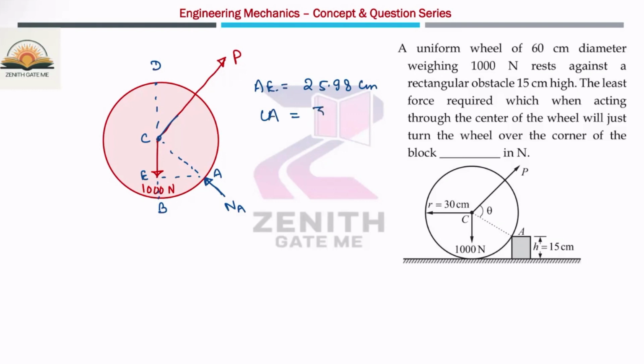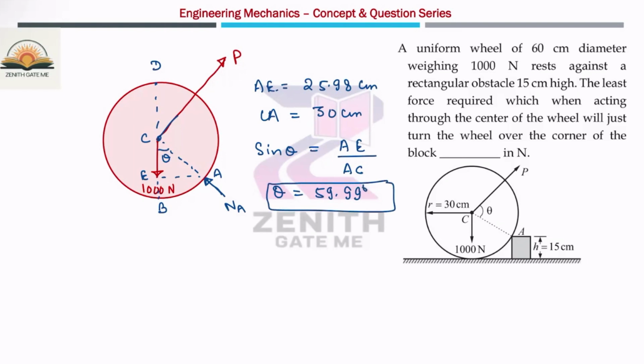CA value is 30 centimeter. So can I calculate this theta value? Sine theta is nothing but perpendicular by hypotenuse, which is AC. Once you solve, you will get theta as 59.99, or approximately 60 degrees.